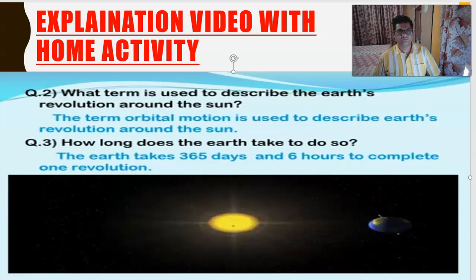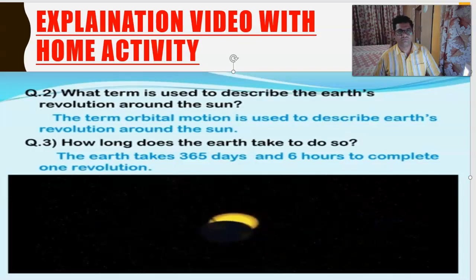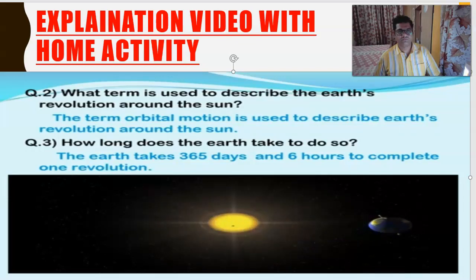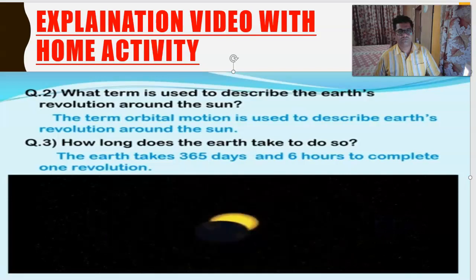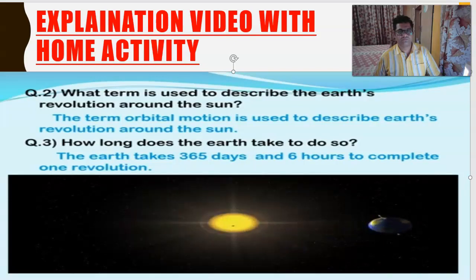The Earth revolves or moves around the Sun is called revolution. The term orbital motion is used to describe the Earth's revolution around the Sun. Another question is, how long does the Earth take to do so? The Earth takes 365 days and 6 hours to complete one revolution.